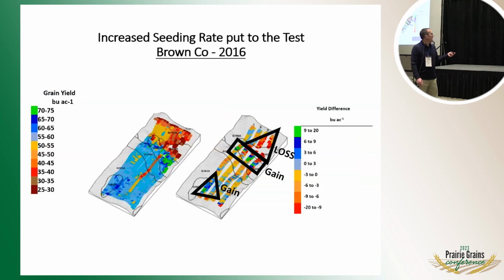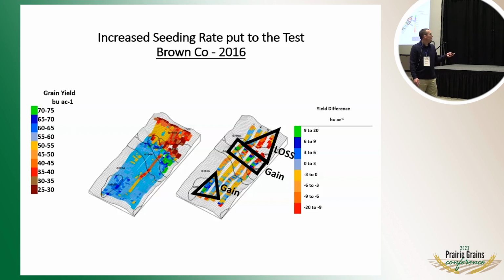So here's the yield map of that study. For this one strip here, I don't know what happened there, but his higher yielding area of the field is 55 to 70 bushels. And then on this hill, as you would expect, much lower yielding, you're talking 35 to 40. So this is kind of eye-popping here.